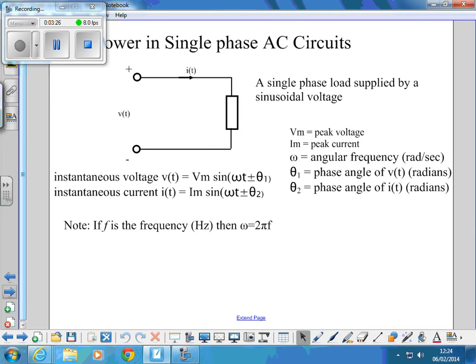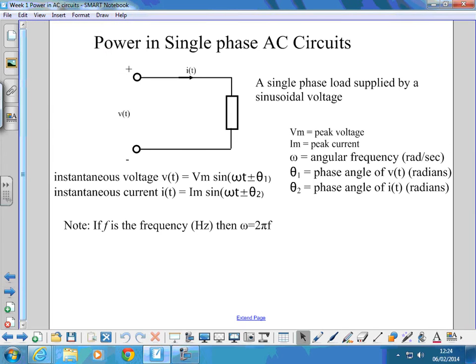So, let's start having a look then. Power in single-phase AC circuits. If we put a sinusoidal voltage, lowercase v of t, meaning the instantaneous value of a sinusoid, to a single-phase circuit, we would have a sinusoidal current flow in that, okay?